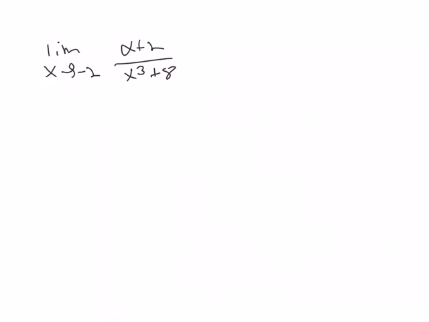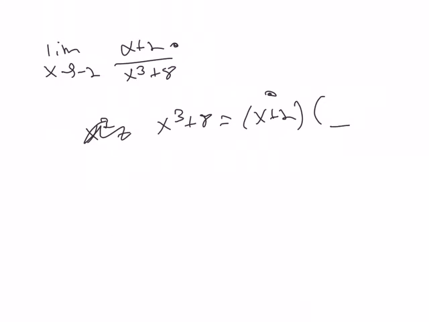What you can assume is that you can make x to the third plus 8 equal to x plus 2 times some other number, so that x plus 2 cancels, and that's what you'll be left with. We can assume that because they're trying to help you out. They want you to be able to solve this.